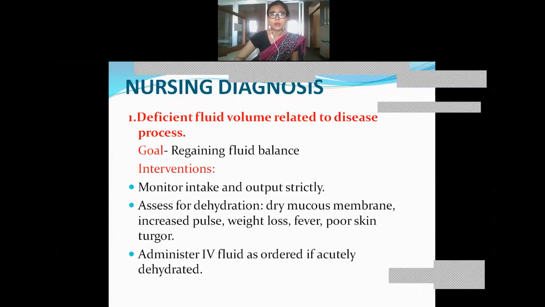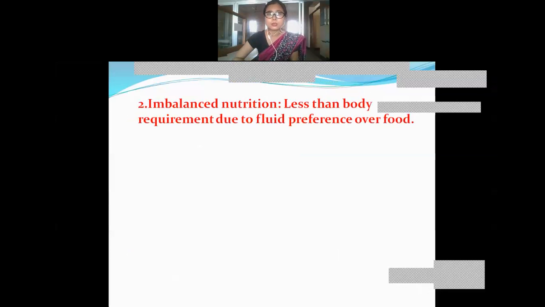Interventions include you have to monitor intake and output strictly, like every hour, and assess for dehydration. The signs of dehydration are dry mucous membrane, increased pulse, weight loss, fever, and poor skin turgor. And administer IV fluid as ordered if acutely dehydrated. The next nursing diagnosis is imbalanced nutrition less than body requirement due to fluid preference over food.